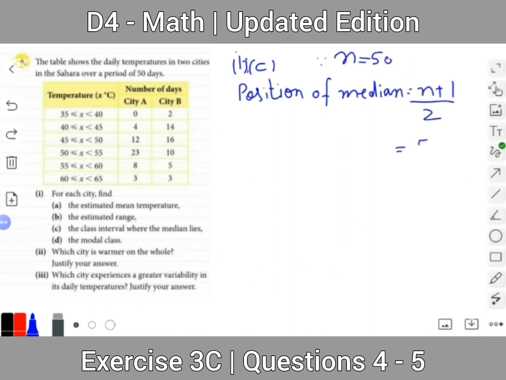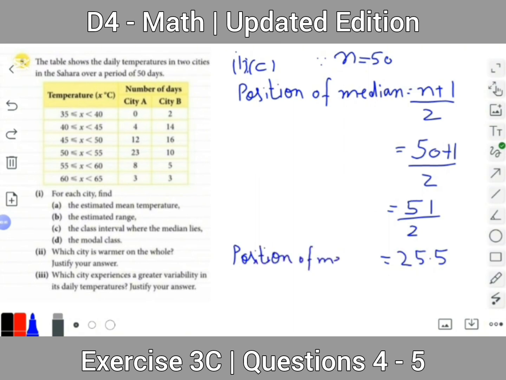So here we have 50 plus 1 divided by 2, which is 51 divided by 2, and it will give us 25.5. So the position of the median is equal to 25.5.